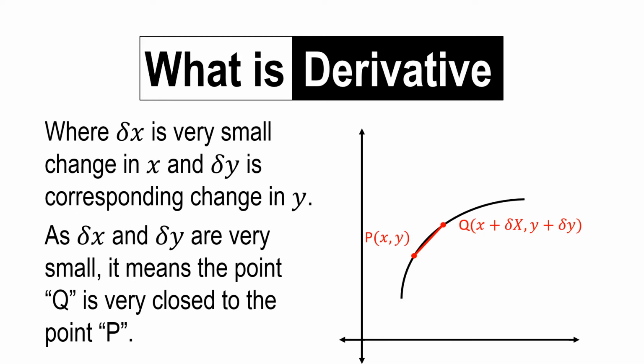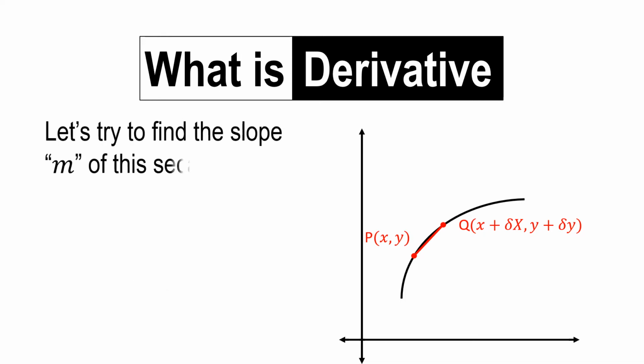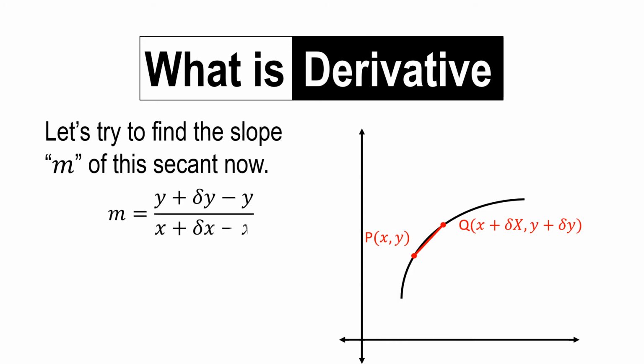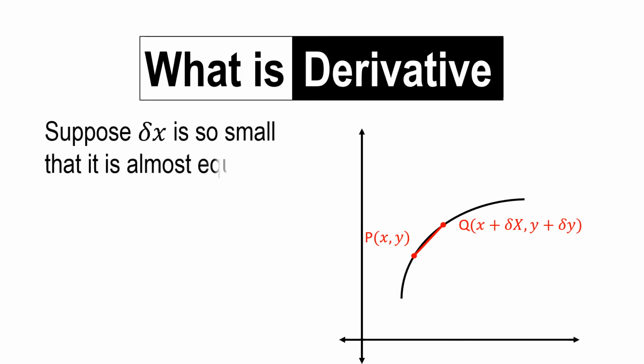As delta x and delta y are very small, it means the point Q is very close to the point P. Let's try to find the slope m of this secant now. m is equal to y plus delta y minus y divided by x plus delta x minus x. And m is equal to delta y over delta x. Name it as equation number 1.